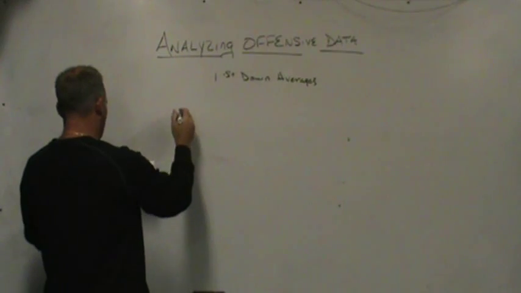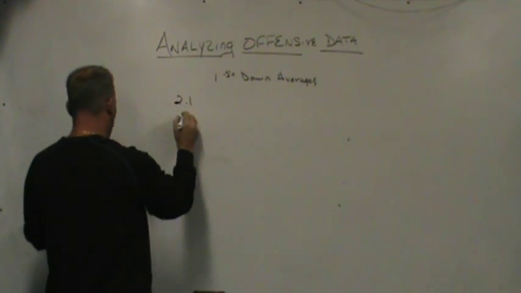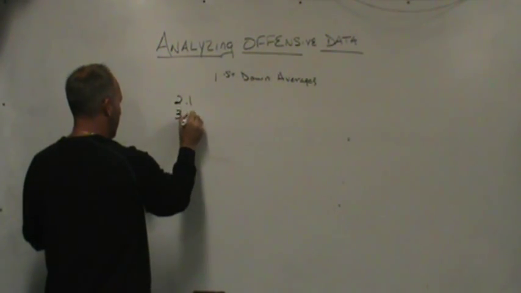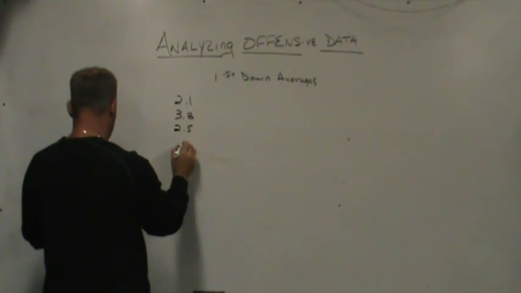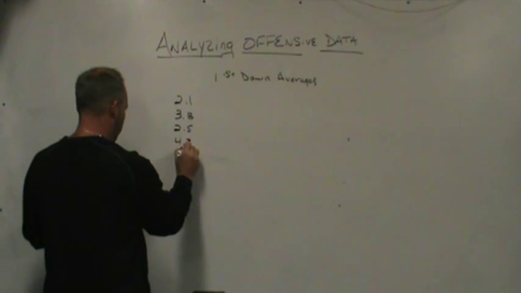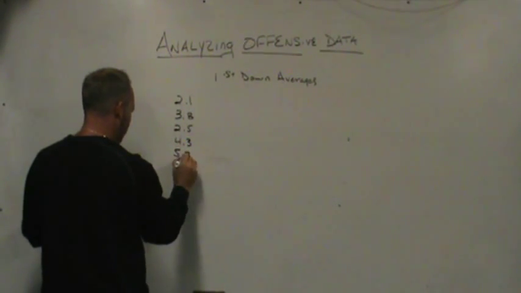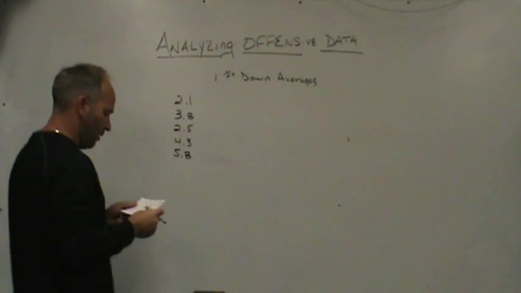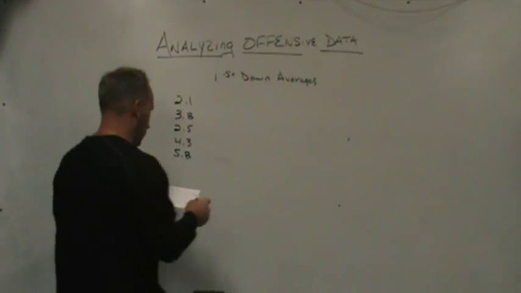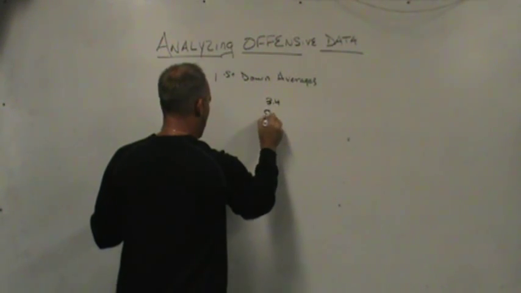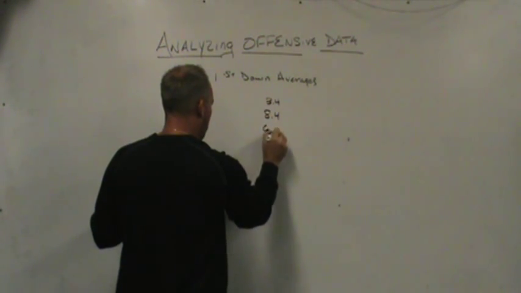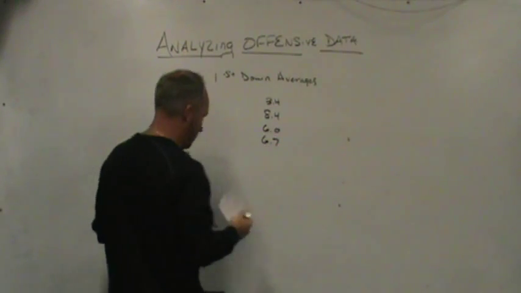In our losses, we were 2.1, 3.8, 2.5, 4.3, and 5.8. In our wins, we were 3.4, 8.4, 6.0, and 6.7.